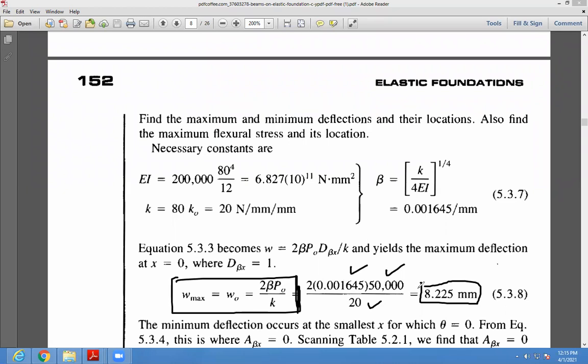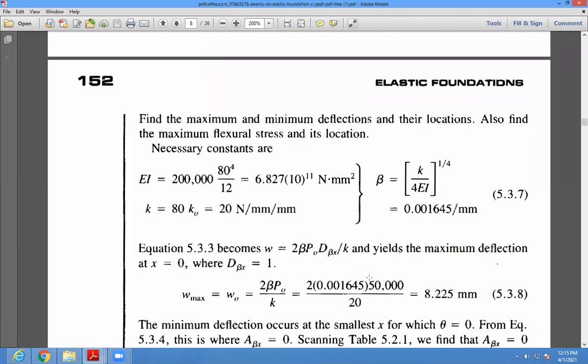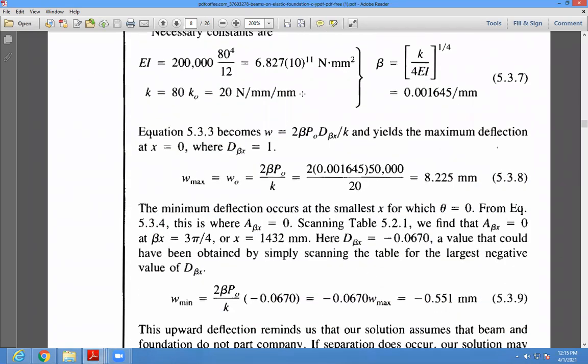Whether it is correct, 8.225? Yes, sir. Right. So next line, this is your maximum deflection.